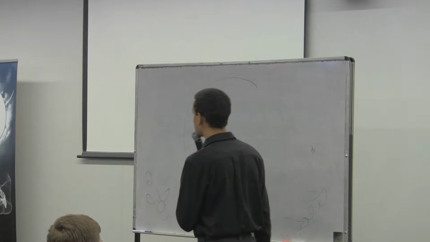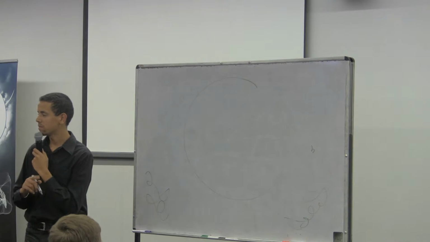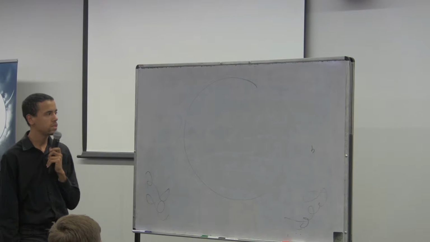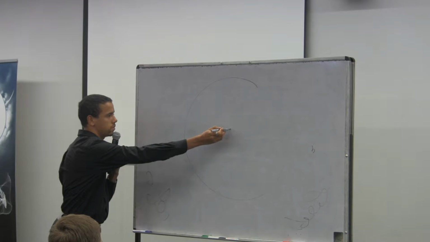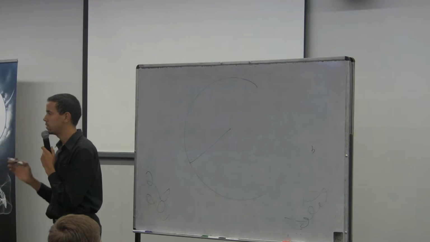Okay, so a circle, should I write this down? The circle is the set of points which have a certain distance from a certain point.